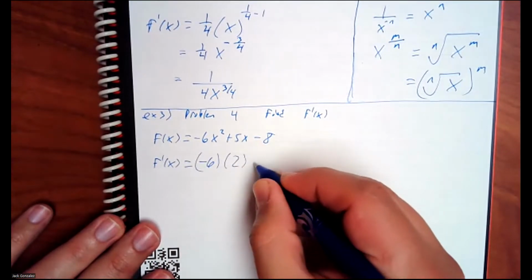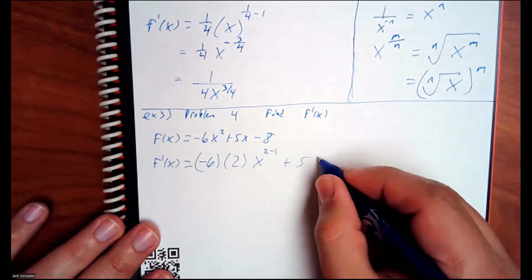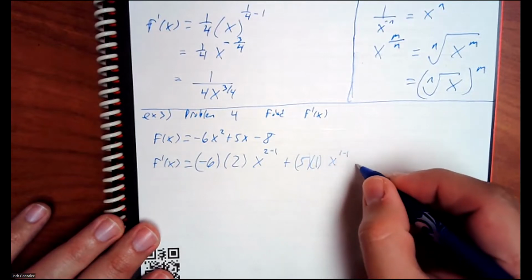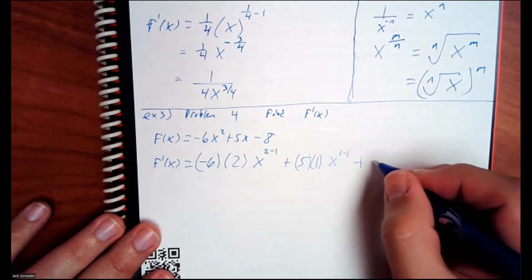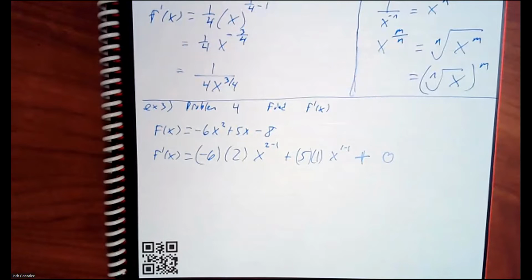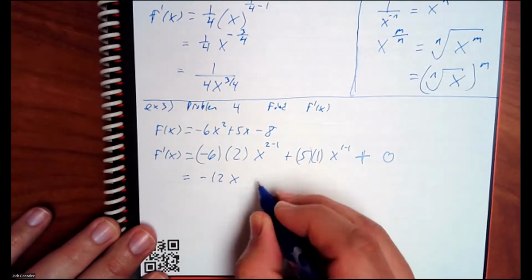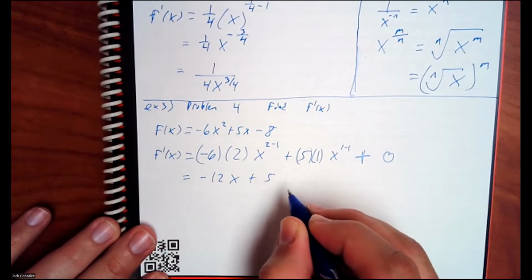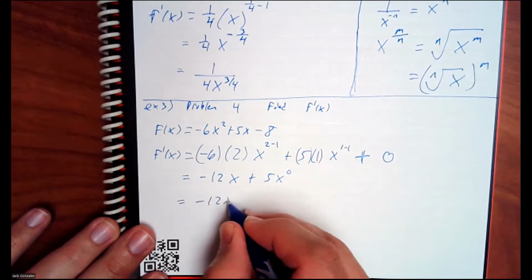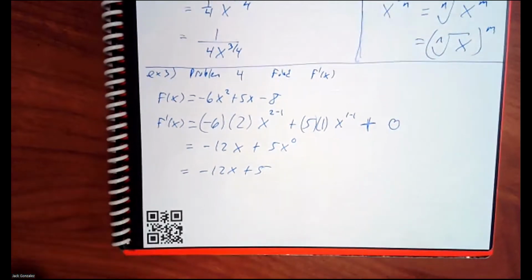Bring down the 2. Bring down the 1. And then this will be a 0. So that'll be negative 12x plus 5x to the 0, which is negative 12x plus 5. That is f prime.